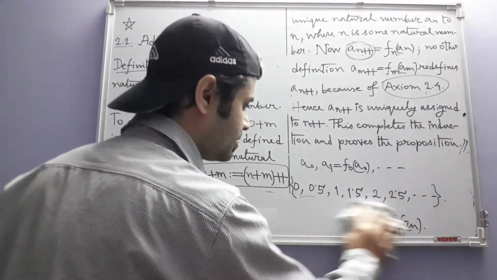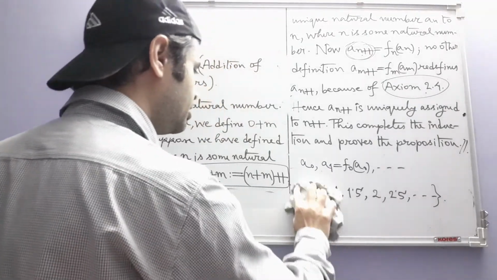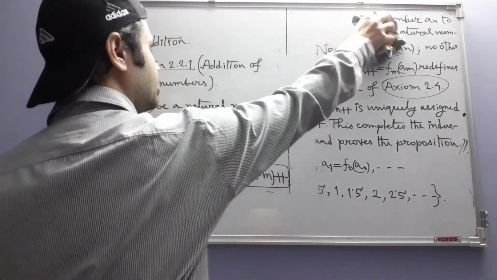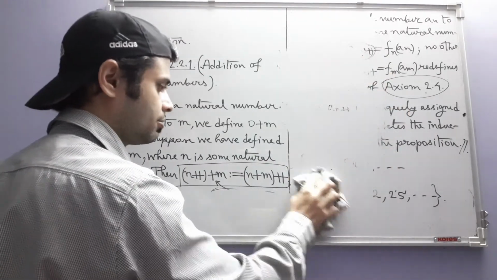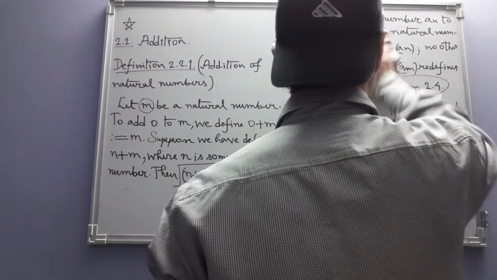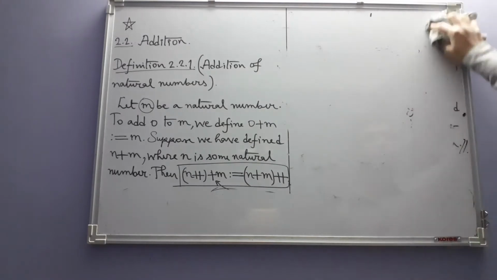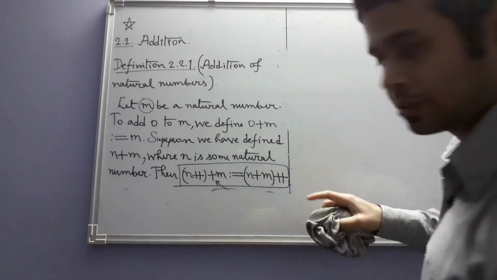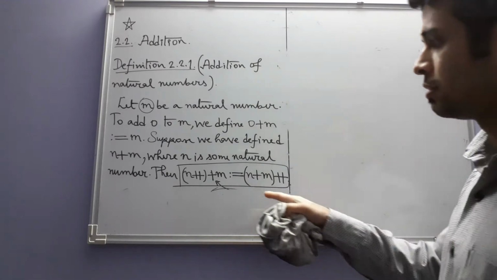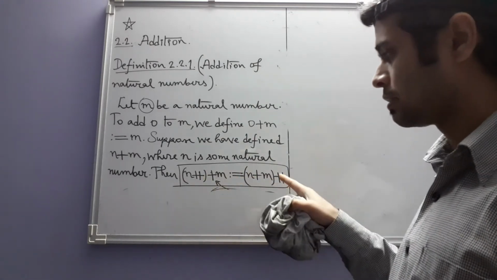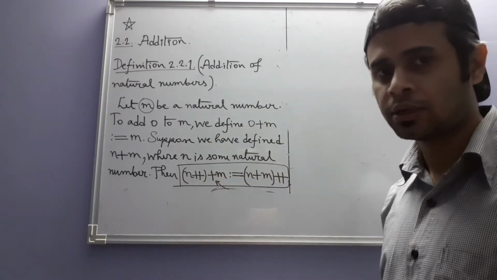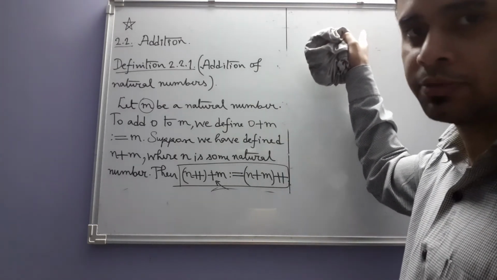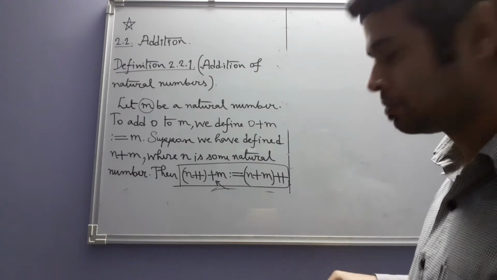But I have achieved the definition means I have simply defined something. Now I have to see whether this is legitimate addition or not. And note that the fact that this definition is actually defining the sum of any two natural numbers is guaranteed by the principle of recursive definition, which we have proved.